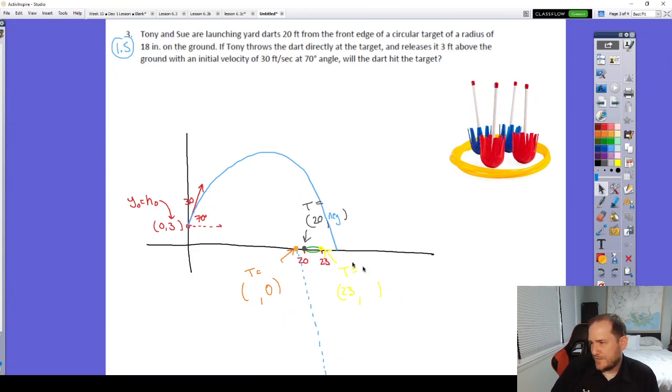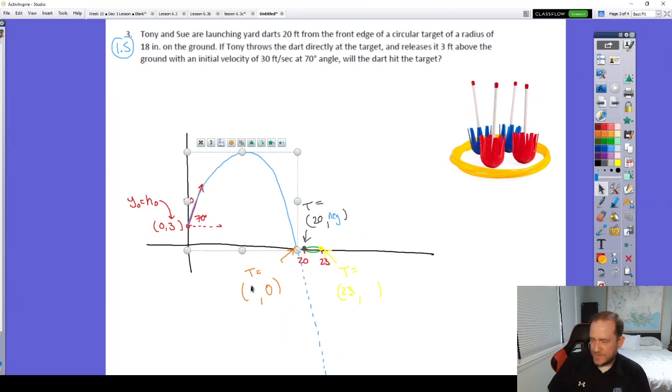So now you'd have to test 23. And this time, if you had a positive height again, you would know that the thing is sailing over the target. It's not in the target at 20, it's still not in at 23, so it goes long. So my inclination is just to test for when the damn thing hits the ground.